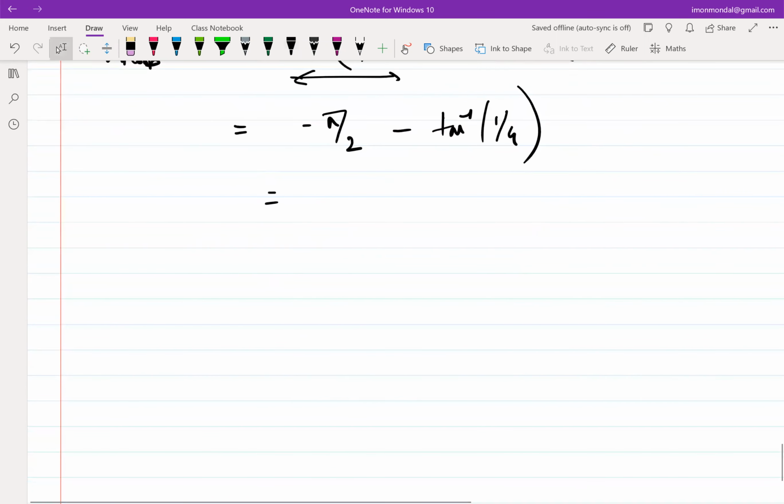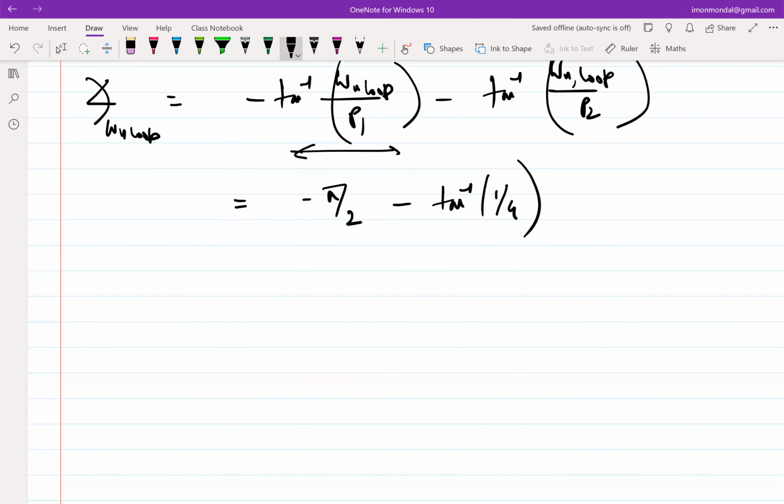So essentially, what we are seeing is this is approximately. So what is the phase margin now? Phase margin is you take this entire thing minus of minus pi. So pi by 2 minus tan inverse 1 by 4. This is 76 degrees approximately.